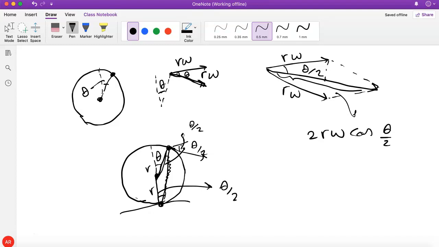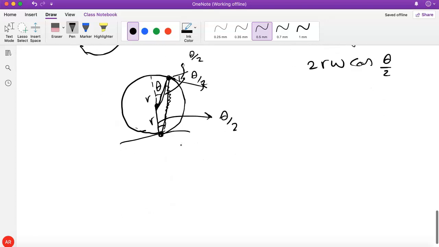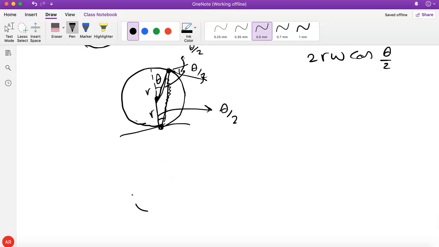And then what is the length? Let me draw this again.